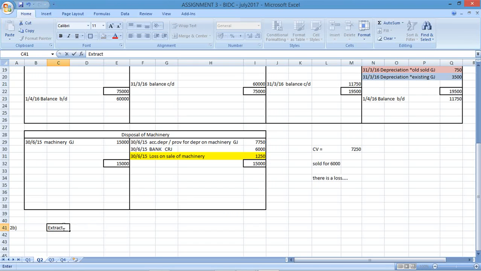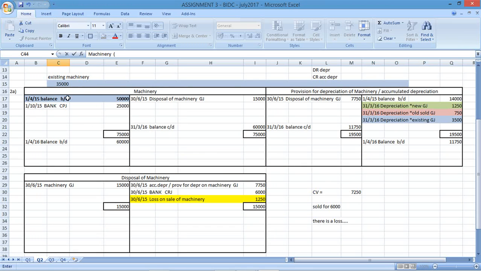So extract of the statement of financial position. Obviously we're looking at the non-current asset section, and under the section you'll have machinery, which will show in brackets. The machinery would be shown in terms of closing balances. What date was this?